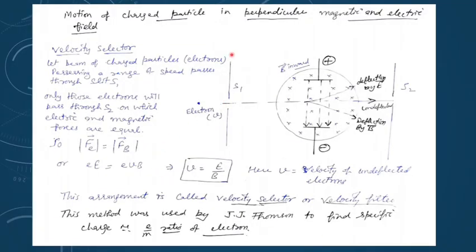Now, suppose I make the body move in both magnetic and electric fields which are perpendicular to each other. If an electron is taken and I make it move like this, this is the magnetic field shown by the cross sign, and the electric field is shown by two plates.